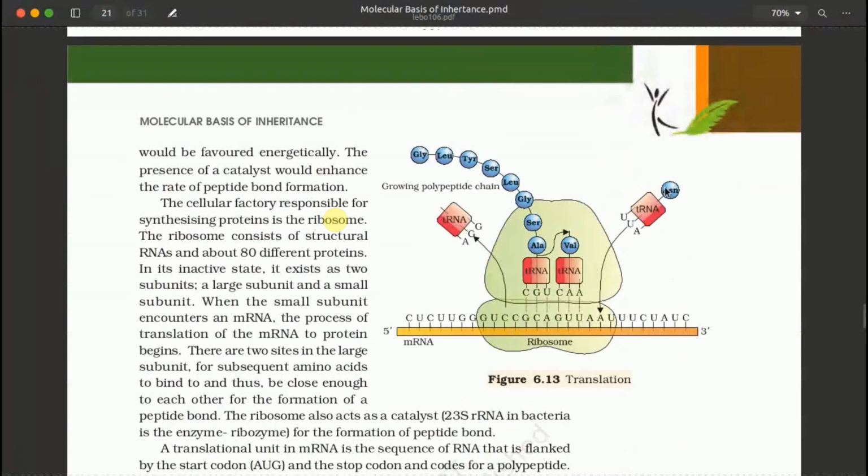So tRNA comes in, binds. The older tRNA goes off.